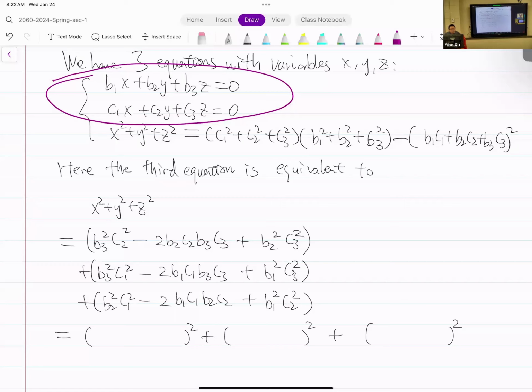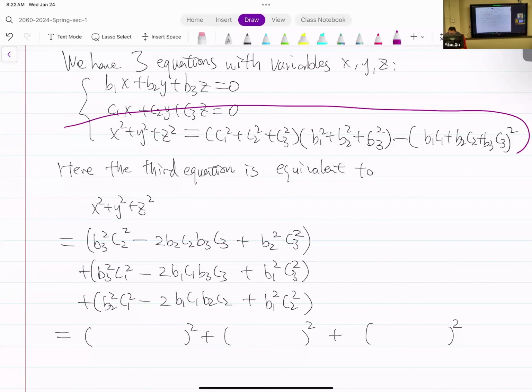If you think about 2 planes intersecting, that will give you a line, that's a ray. So that's kind of reasonable. And the last one is saying my magnitude has to satisfy some equation. So my point has to stay on a particular sphere, right?